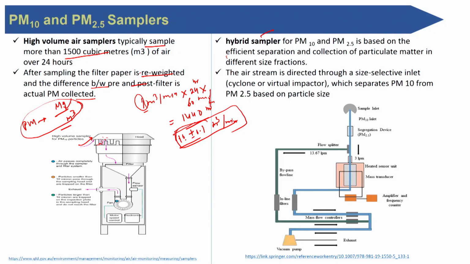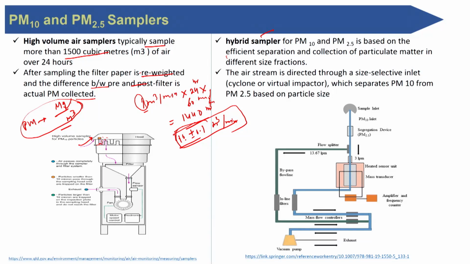For example, in India we generally use Envirotech, one of the very highly respected companies for aerosol sampling units. With hybrid samplers, the advantage is that you can collect PM 2.5 and PM 10 samples together in one go. Combo or hybrid samplers are advantageous compared to two different systems, because here the flow rate is the same.